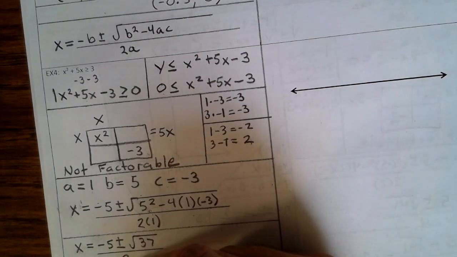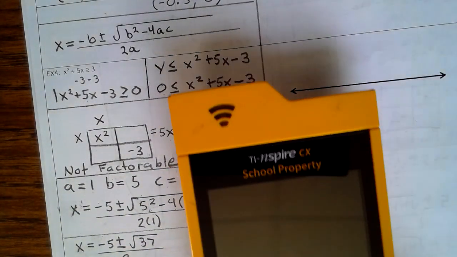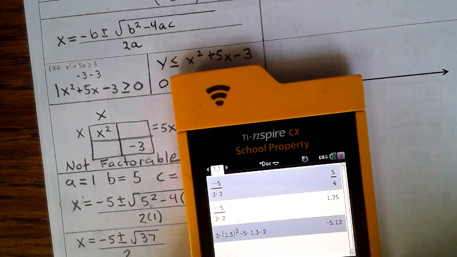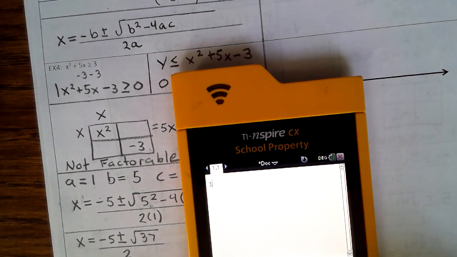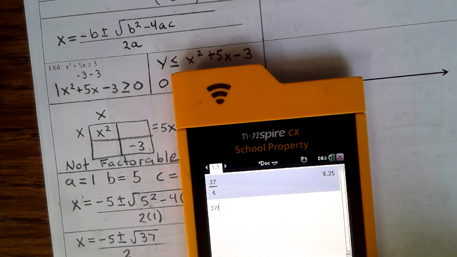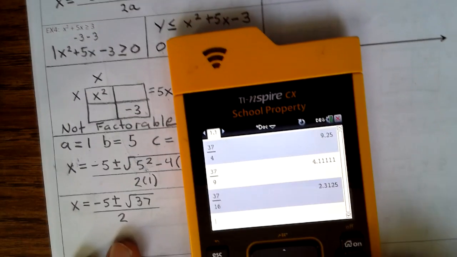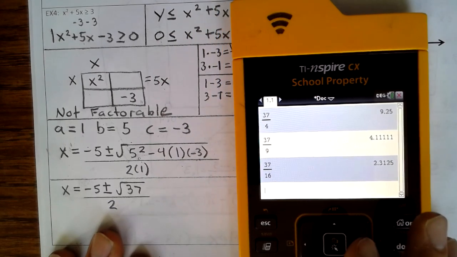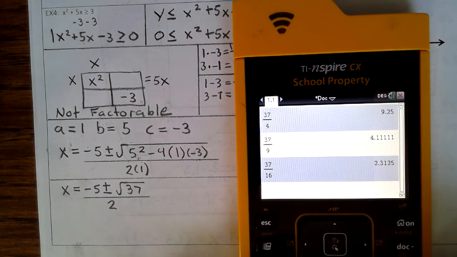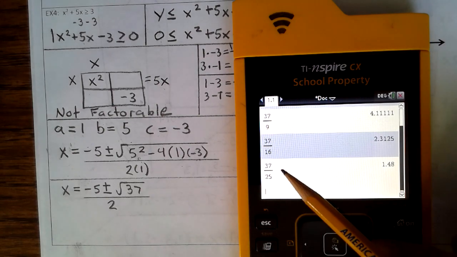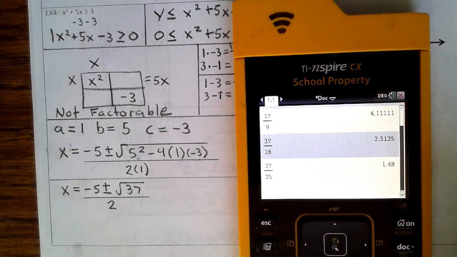Now, we need to see if the square root of 37 can be reduced by perfect squares. So let's try 37 divided by 4, that doesn't work. 37 divided by 9, that doesn't work. 37 divided by 16, that doesn't work. 37 divided by 25, that doesn't work. So 37 is not divisible by a perfect square.